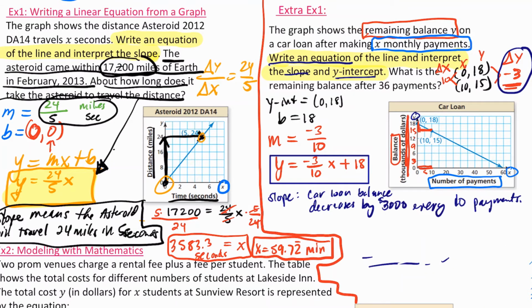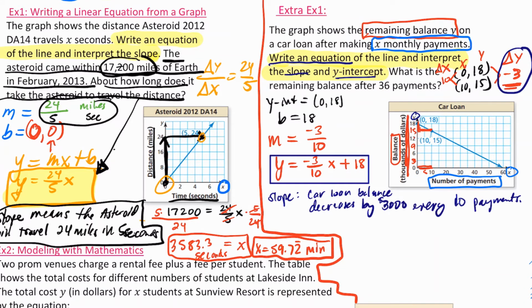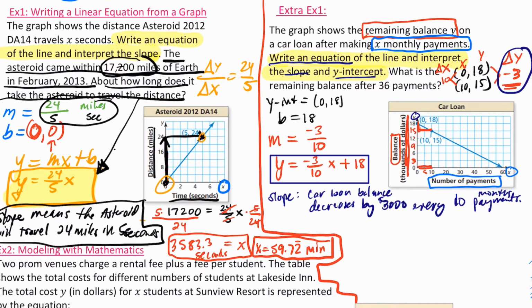Just make sure you don't say that it goes down $3 every 10 payments. And actually they're not months, they're payments. Oh, they are monthly payments. So every 10 months or every 10 payments. Either one of those is fine. So that's the slope, or you can say the loan balance decreases $300 per month.